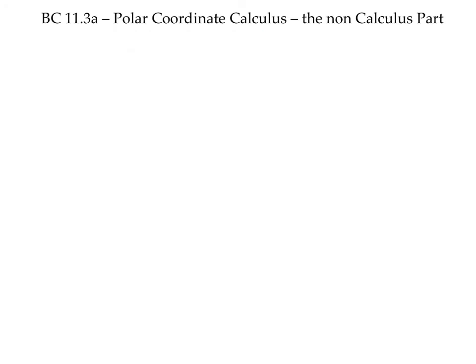Interestingly, you can graph any polar equation in parametric form using the following trick. A polar function has the form r equals f of theta. Now, x is r cos theta, so if I multiply this through by cos theta, I get x is r cos theta, which is f of theta cos theta.